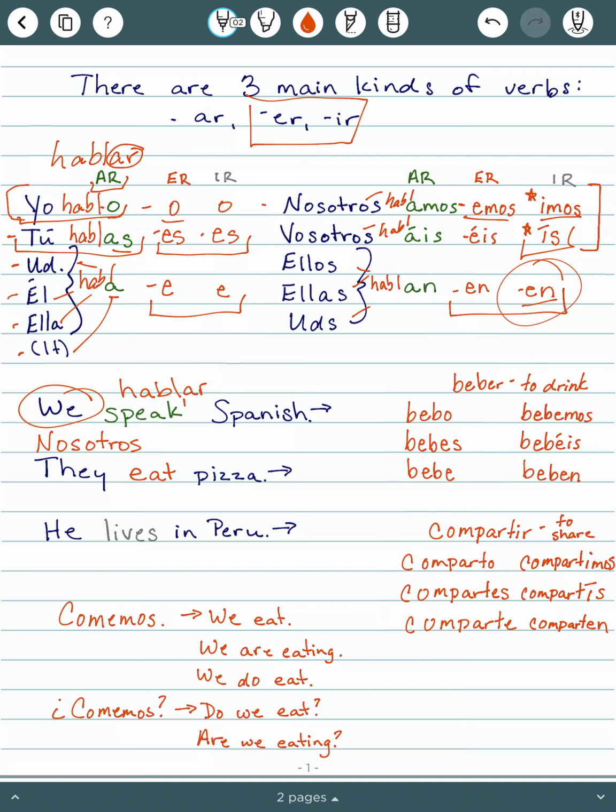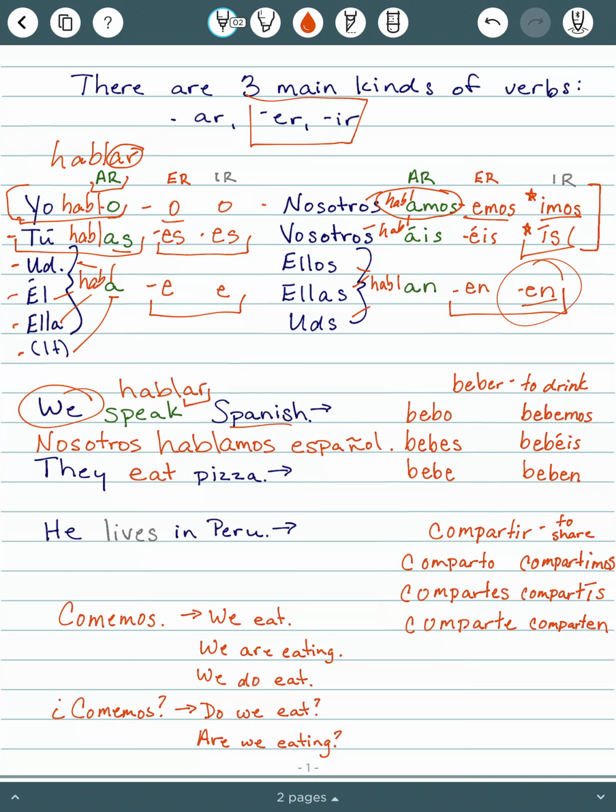So you want to make sure you're noticing that that ends in AR. So we will take off our AR, and then to say we speak for an AR verb, it will be amos. Nosotros hablamos, and then Spanish, español.